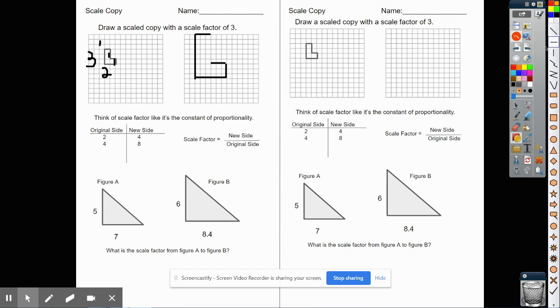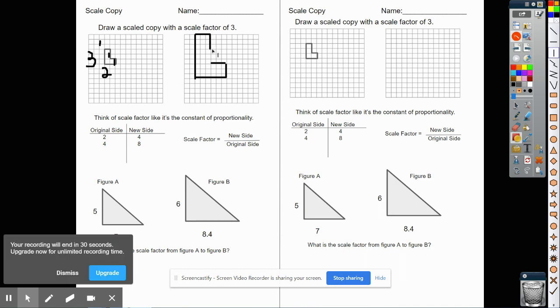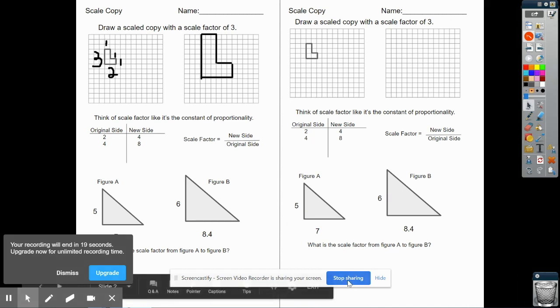And now you can see that I'm just going to connect these lines. My original goes down 2. I multiplied 2 times 3. This should be 6 squares if I've done it correctly. So I got 1, 2, 3, 4, 5, 6. And that is the way it's supposed to be. We've done it correctly.